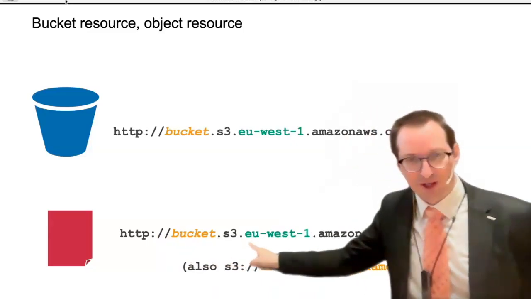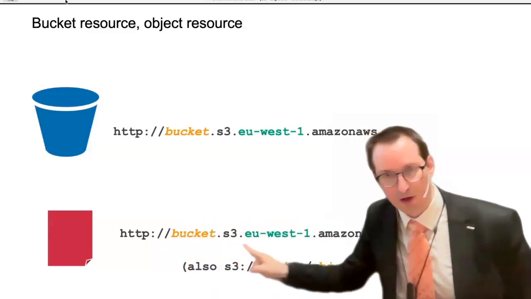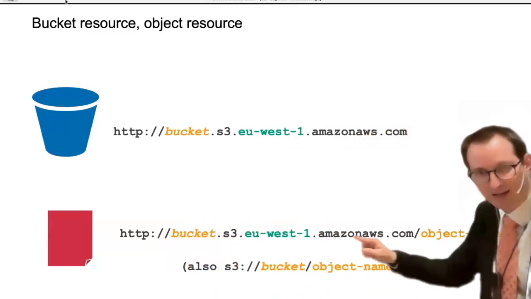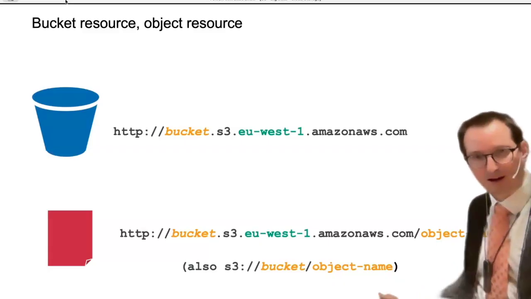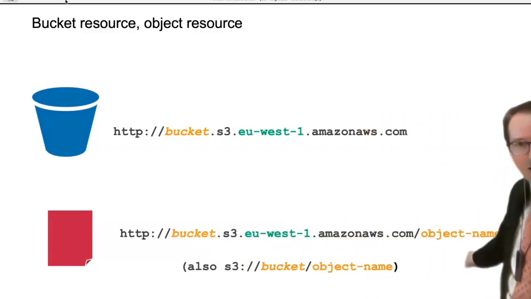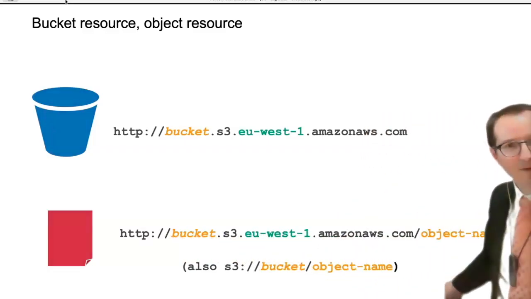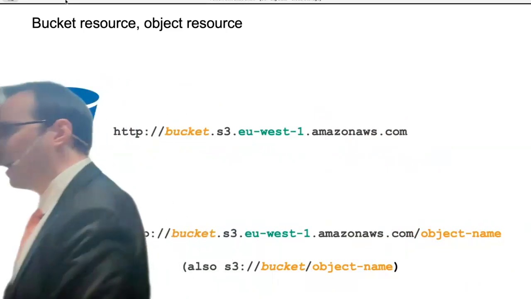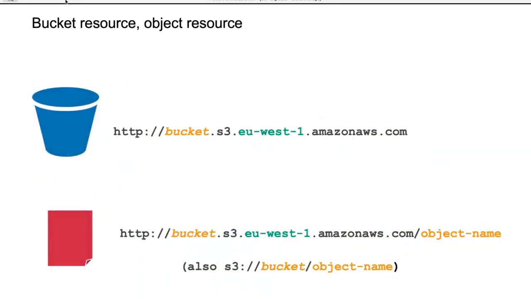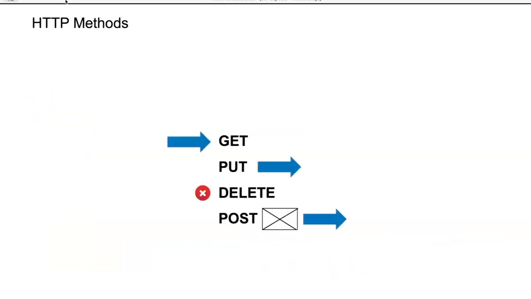And then this is for an object. An object needs the bucket plus the object, so the bucket ID plus the object ID. And that gives you the URI for the object. Okay? And so whenever you have a REST API, you just have a convention on what the URIs are for everything that you manipulate in your program. In the case of S3, that's buckets and objects. All right.